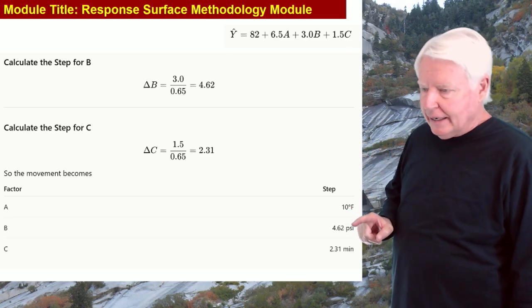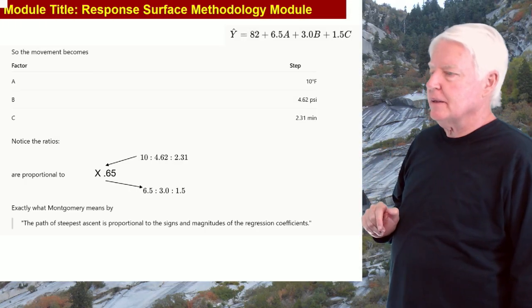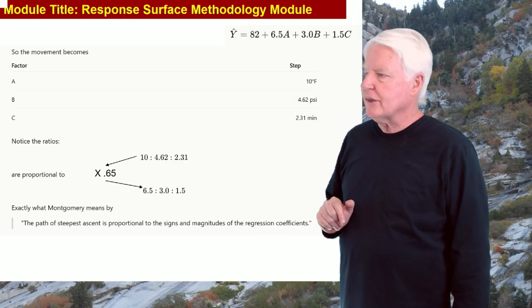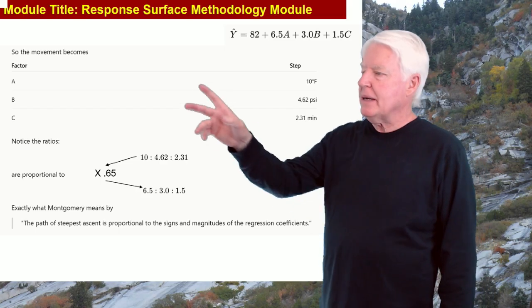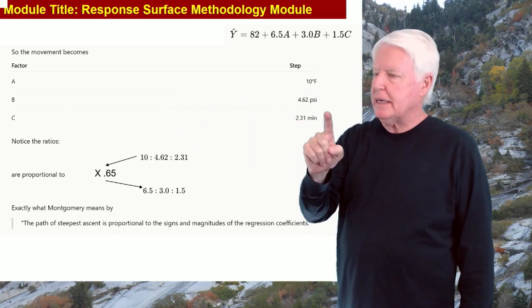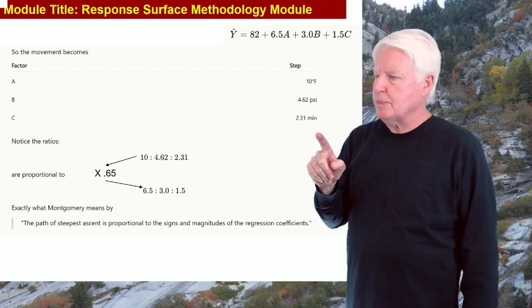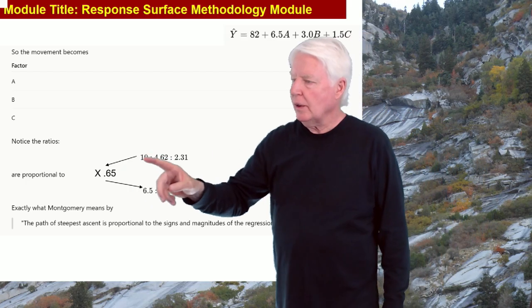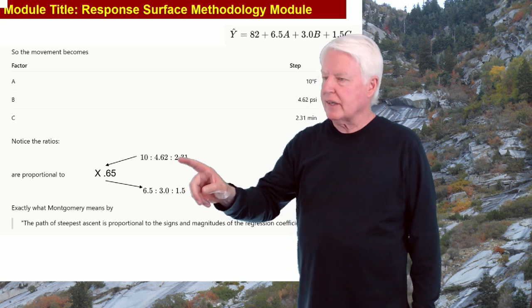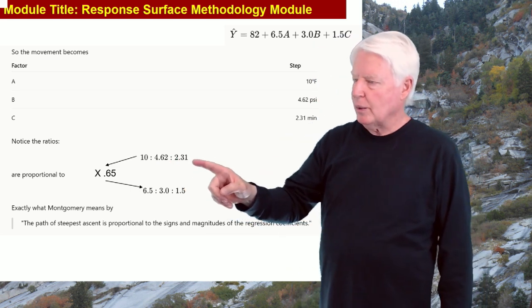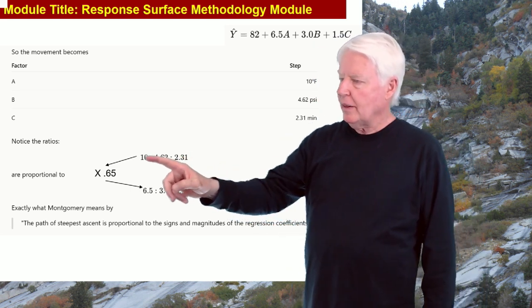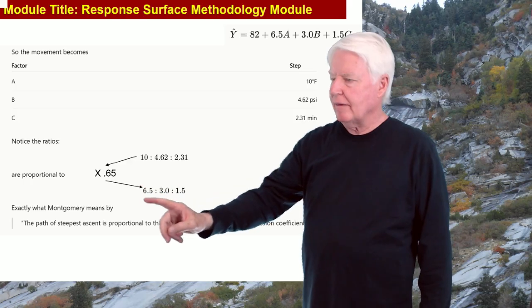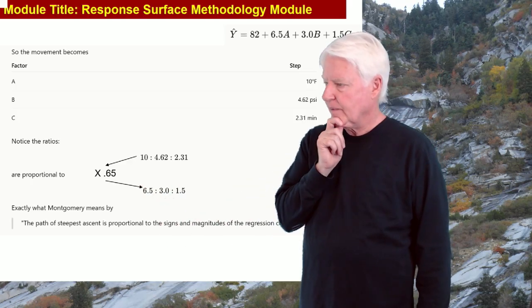But we're trying to find the steepest way up the mountain, and we're going to do it one step at a time. So the movement becomes A, 10 degrees, B, 4.62, C, 2.31. Multiply those back by 0.65, and you get the coefficients again.